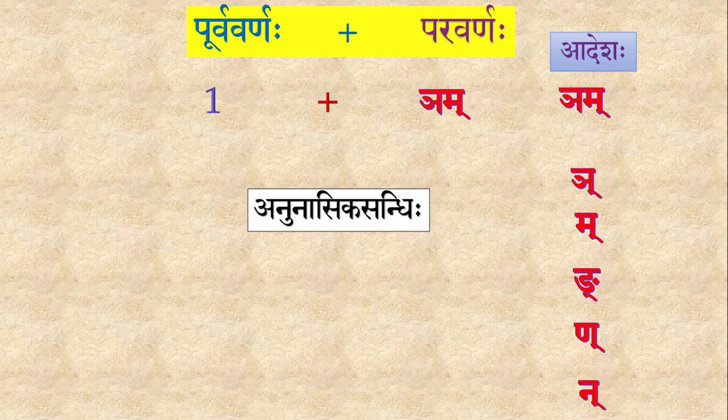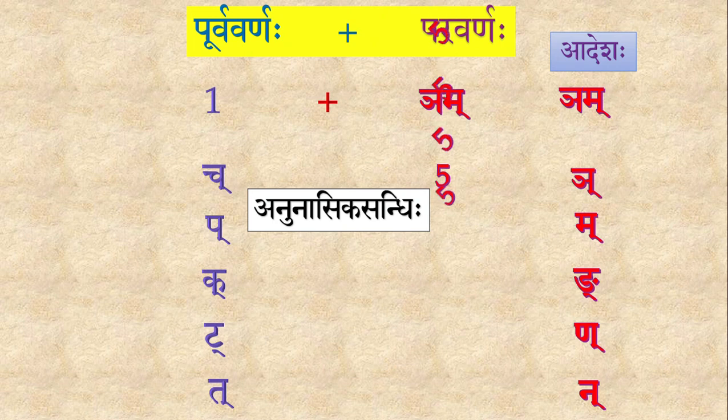Therefore, here the Purva Varnaha can be any of the letters Cha, Pa, Ka, Ta or Ta. So the result here is that the first letter of each Vargaha, that is in the position of Purva Varnaha, disappears, and in its place the fifth letter of the same Vargaha occupies.